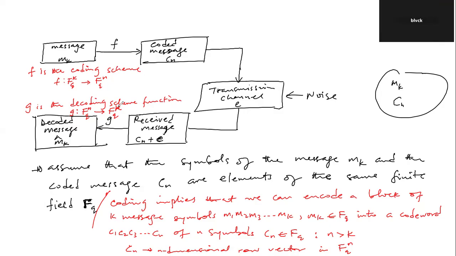Yes, sir. So if this is clear, let's wipe this. So we can now look up an example of a coding scheme. So for us to do this, we want to consider the message block length of M1, M2, M3 up to M sub K message symbols.